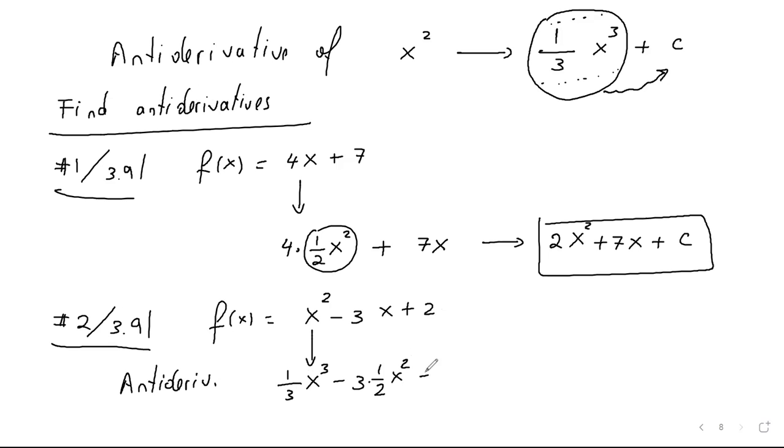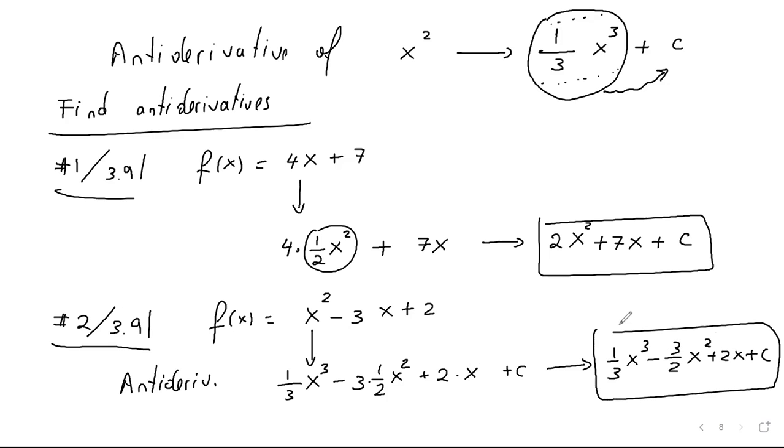And for 2 it is 2 times x. So this is going to be plus c. In other words, the formula is 1/3 x cubed minus 3/2 x squared plus 2x plus c. All right, so this is the antiderivative.